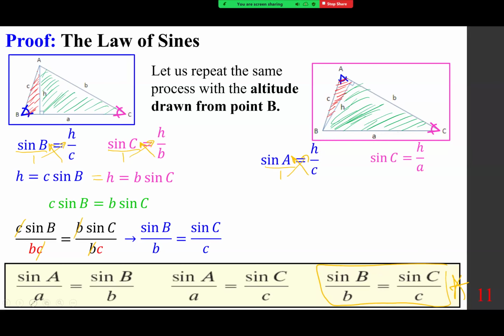And again, we can do the cross product: h equals a sine C. So these two must be equal, and we are going to divide both sides by ac.